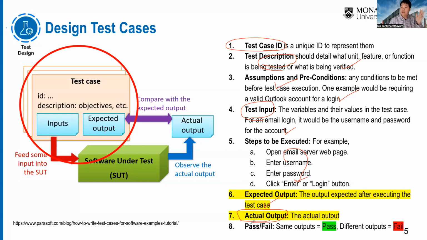Think about the doctest, okay, that we did last week. Multiply function, 2 multiplied by 3, okay. So we expect it to be 6. That's the expected output. And if the actual output is also 6, that means this test case is passing, otherwise fail.